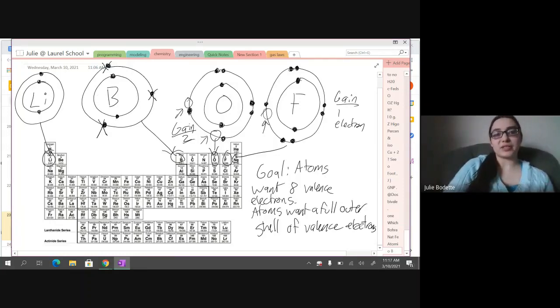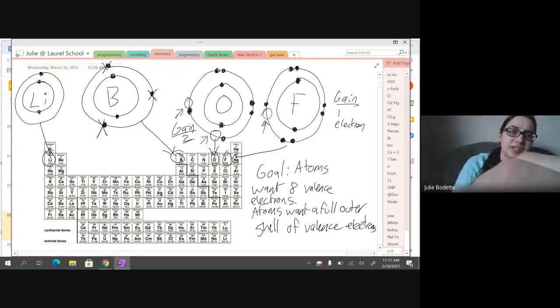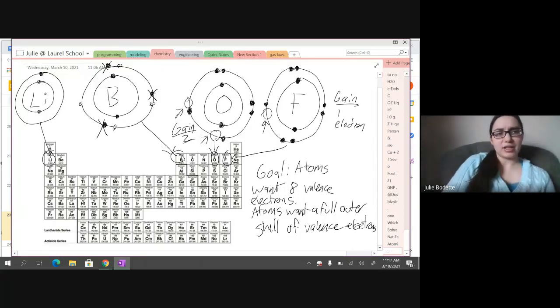So it's going to be easiest for boron to lose 3. The other option, if it tried to gain, is it could try and get to 8. So it would have to gain like what, 1, 2, 3, 4, 5 electrons. Boron doesn't want to gain 5 electrons. It would rather lose 3. So boron wants to lose 3.